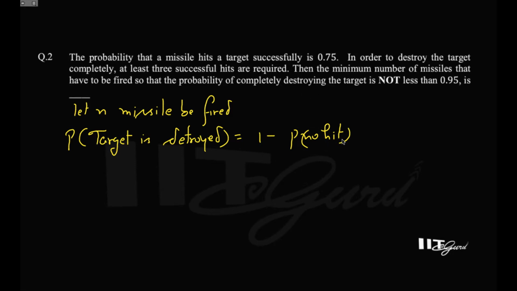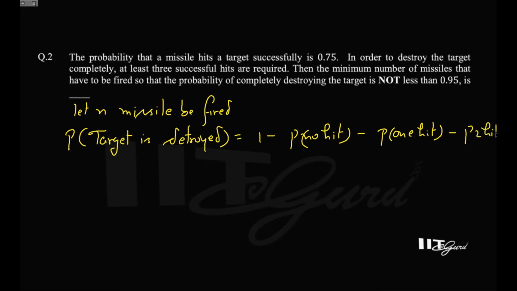So if no hit is there, and here the condition is that at least 3 successful hits are required. So what you have to eliminate is the probability of one hit, and the probability of exactly 2 hits also you have to eliminate.